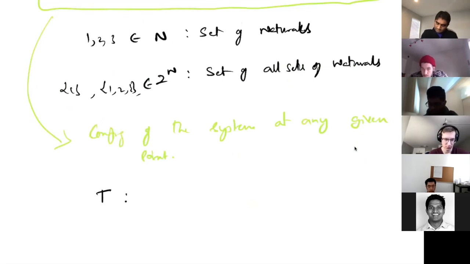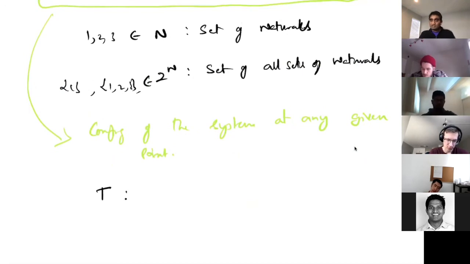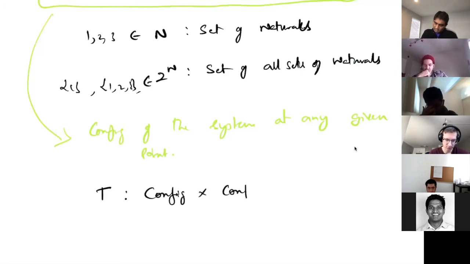Okay, so previously we have defined the property of transitioning from one configuration, one state to another state, as a relation, right? So we have, let's say, this config cross config, which means it relates different configurations, which means you can go from configuration A to configuration B, right?